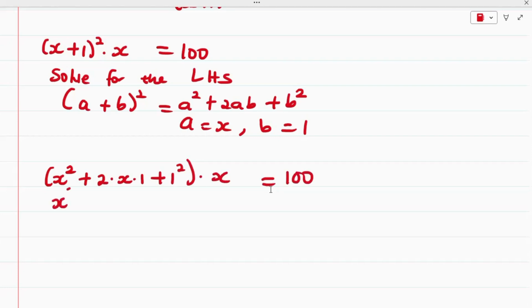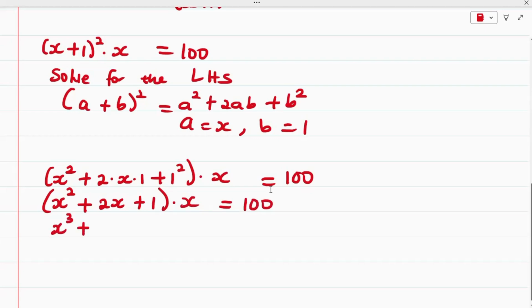So we have x squared plus 2 times x times 1, which gives us 2x, plus 1 squared, which is 1, multiplied by x, and this is equal to 100. So multiplying through by x, it becomes x raised to the power of 3 plus 2x times x, which is 2x squared, plus 1 times x, which gives us plus x, and this is equal to 100.